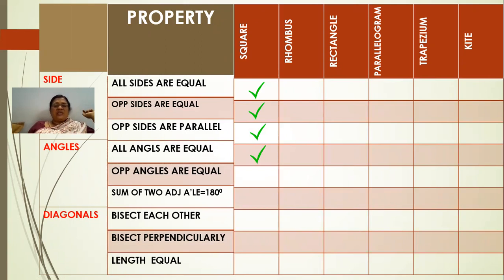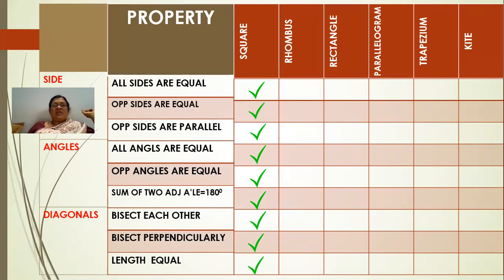Opposite angles, they are also equal. When you add two adjacent angles, are they equal to 180 degrees? Yes. Diagonals, in a square, the diagonals will bisect each other, and the diagonals will bisect at perpendicular, and the length of the diagonals will also be equal.